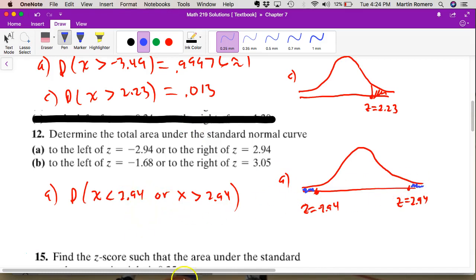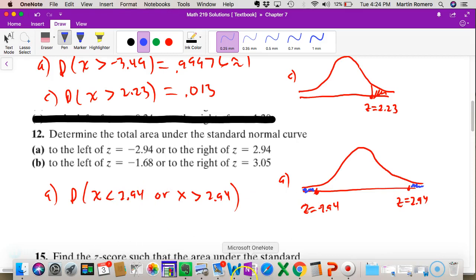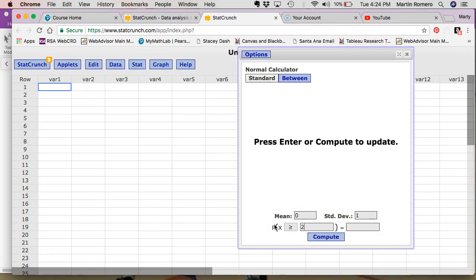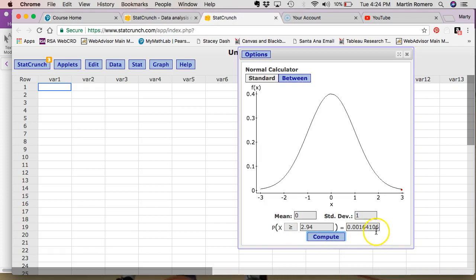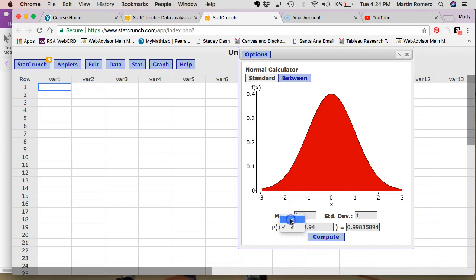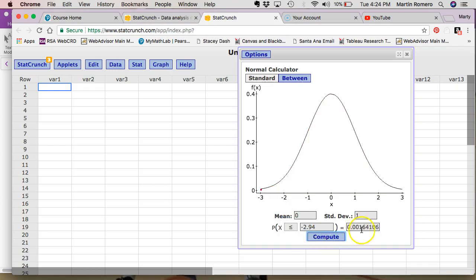And so again, we're going to use StatCrunch to do that. Go to StatCrunch. For 2.94, we have 0.002 on one end. And if you put the negative, we want it the other way, 0.002 also.